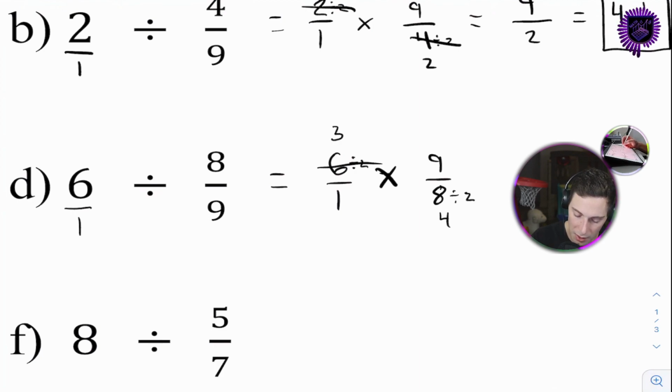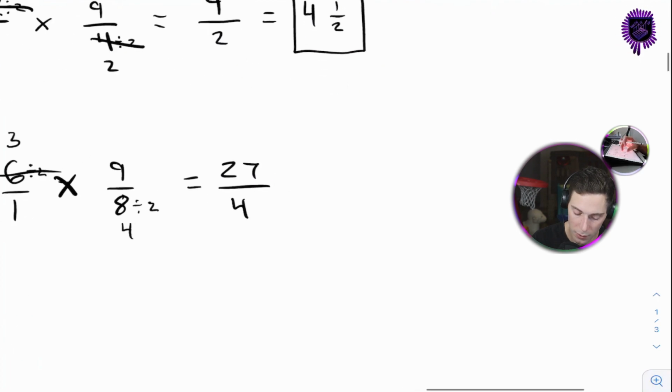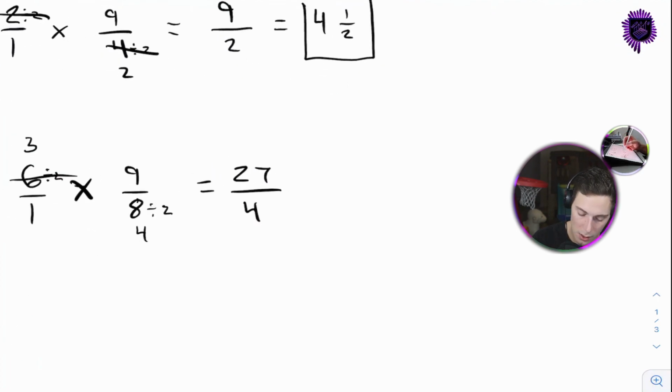So it's going to be equal to 27 over 4. Now 4 times 6 is 24. So that will be equal to 6 and 3/4. Yeah, 6 3/4.